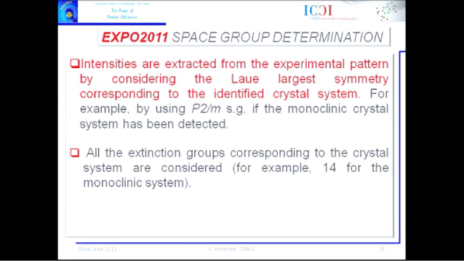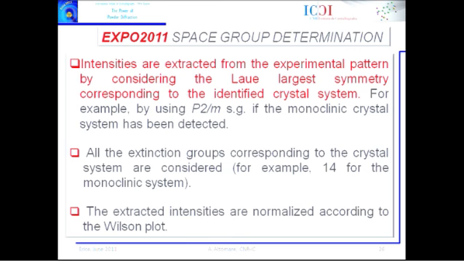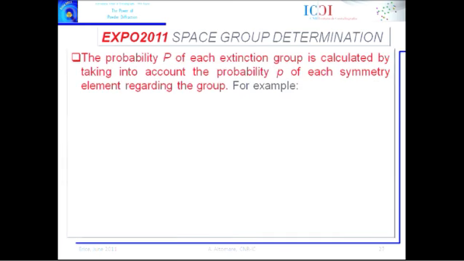Then, all the possible extinction groups compatible with the crystal system are considered. In the monoclinic case, they are 14. And after that, the integrated intensities are normalized according to the Wilson plot.